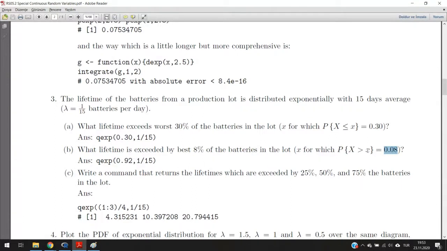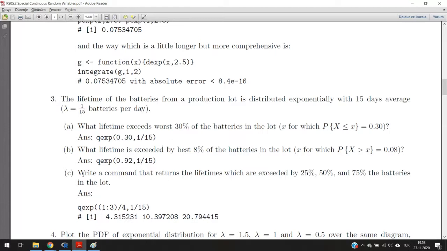Okay, so if greater than probability 0.08, then the less than or equal to probability must be equal to 0.92. So we are looking for the inverse CDF at 0.92, again with the rate parameter 1/15. So you need to introduce your arguments correctly. Of course, the computers do not know everything. You need to know the theory behind the topic. And if you handle the theory, then you can also use the computers to calculate practical questions.